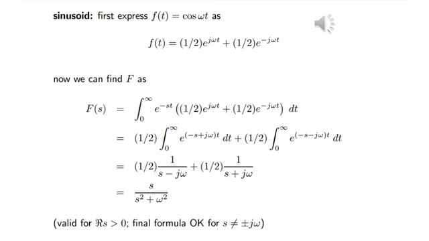So let's apply Euler's identity to decompose cos omega t into constituent exponential functions. That's why I told you in the first lecture that any function can be generated with the help of cos omega t or sin omega t or exponential functions. We can generate any type of function.